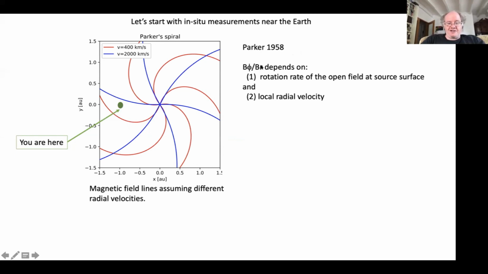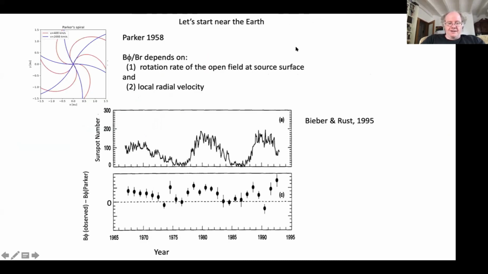You can also, of course, measure B phi and BR, and you can see how well this ratio is described by the Parker spiral. If you do this, what you find is that although the Parker spiral is the dominant magnetic field, there's also a cyclically varying error.